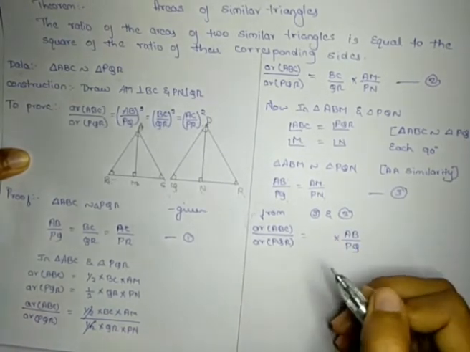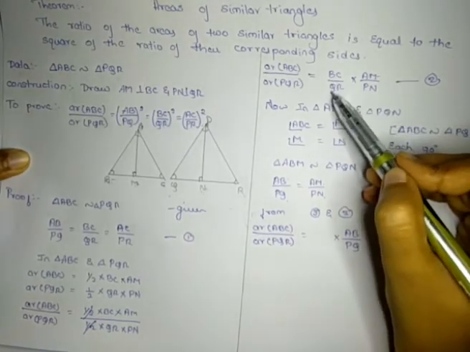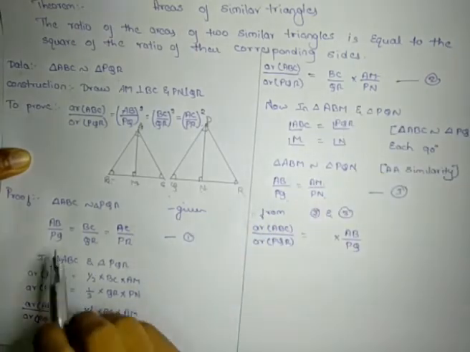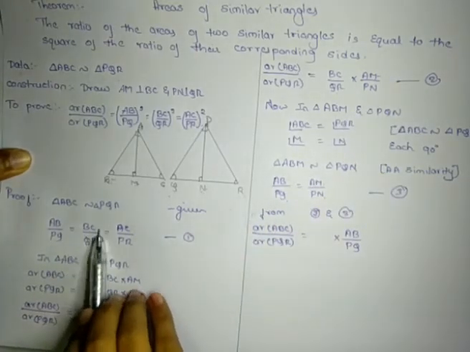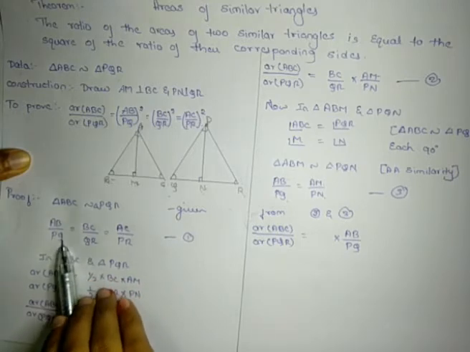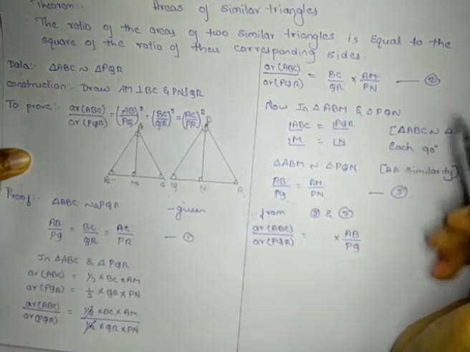And also you can observe BC divided by QR, right? I am going to replace this by AB divided by PQ in this equation.